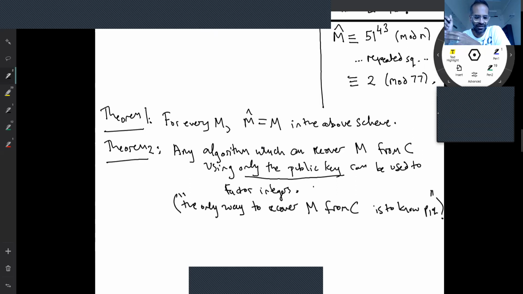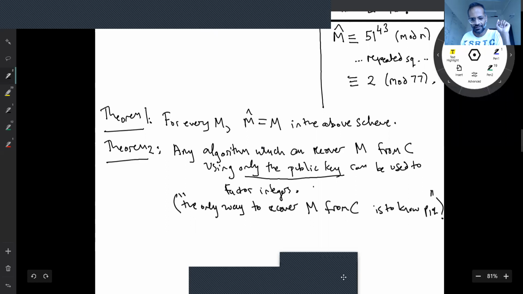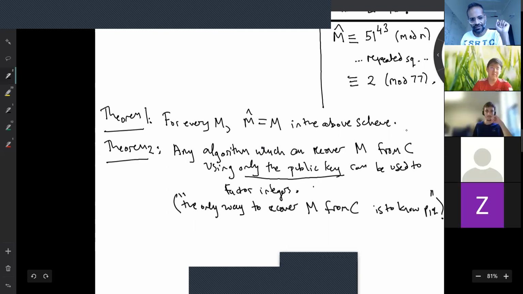And there's also a whole area where they're trying to find encryption schemes that don't rely on factoring. But so far, nobody knows how to factor large integers, and maybe we never will, but maybe we will. This is not saying it's impossible. It's just saying that breaking the scheme is as hard as factoring large integers. So if you believe that's hard, then you believe the scheme is secure.